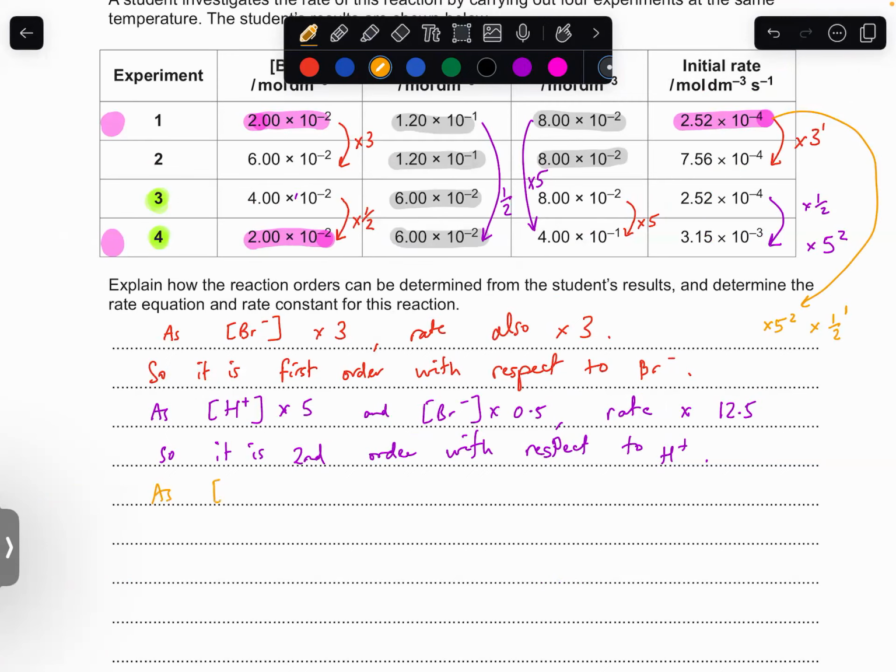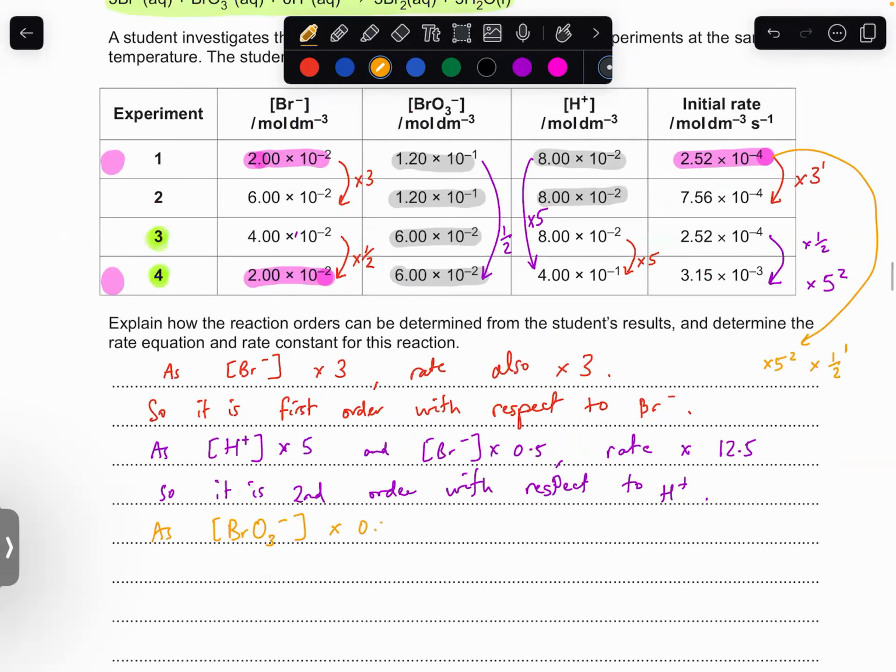As the concentration of BrO3 minus is multiplied by 0.5 and H plus is multiplied by 5, the rate is increasing by 12.5.